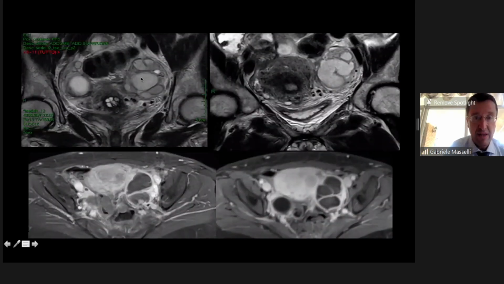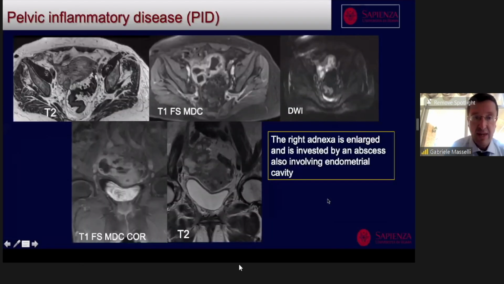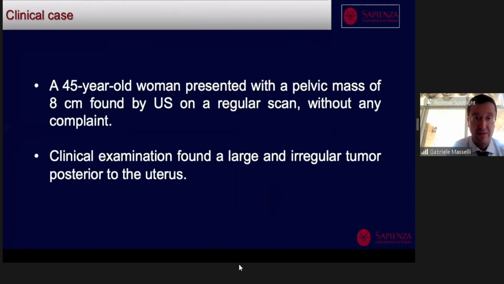MRI is better to evaluate the presence of ovarian and tubal abscess. And you have to know that an ovarian abscess appears with restriction of the diffusion. So you can see a lesion with restriction of the diffusion also in inflammation, not only in malignancy.